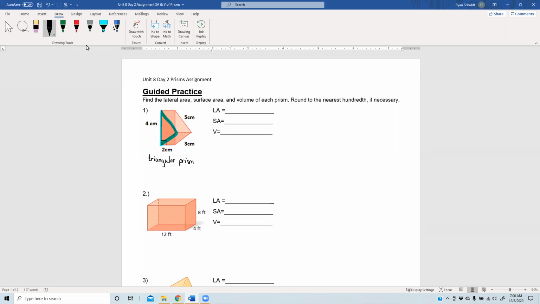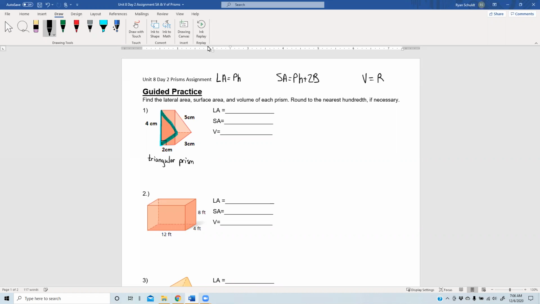Okay, if we remember our formulas, we have these three formulas. Lateral surface area is PH. Total surface area is PH plus 2B.